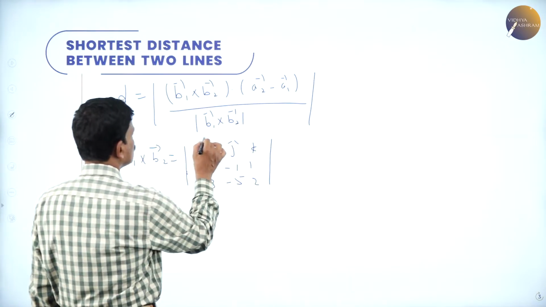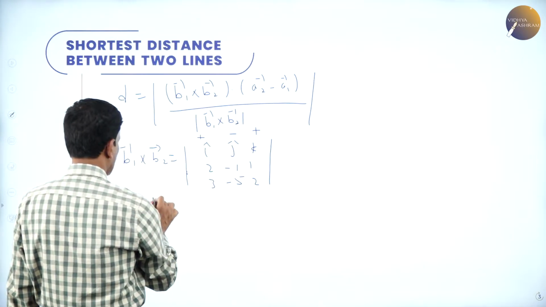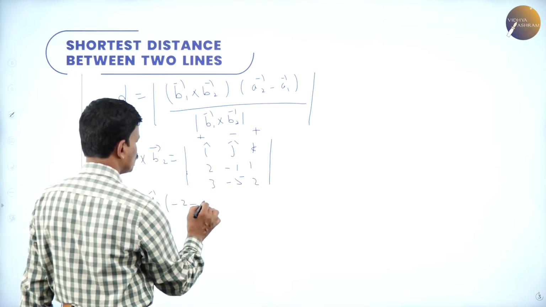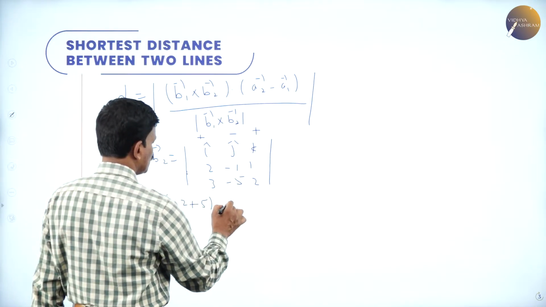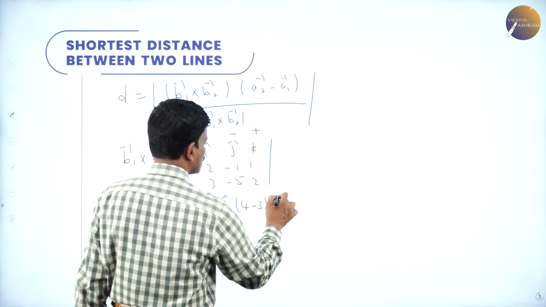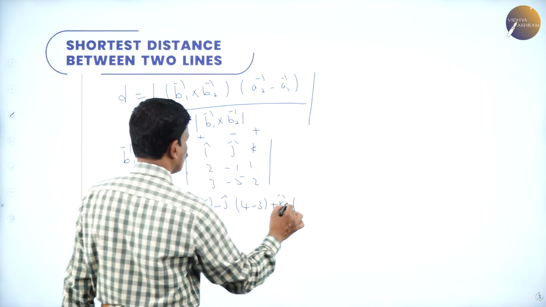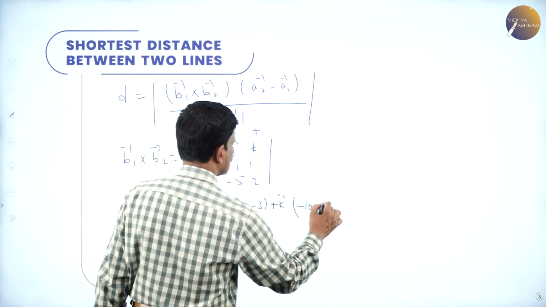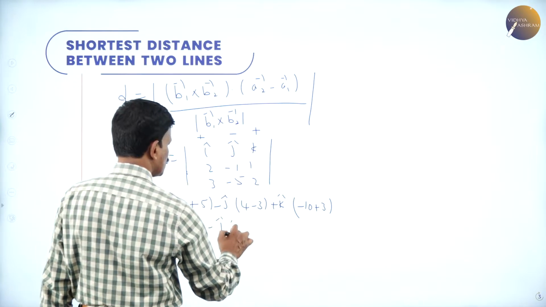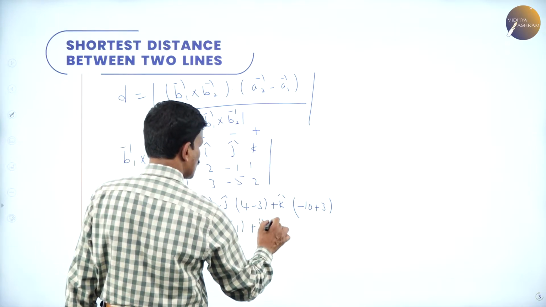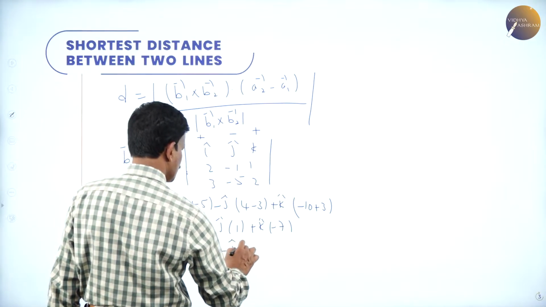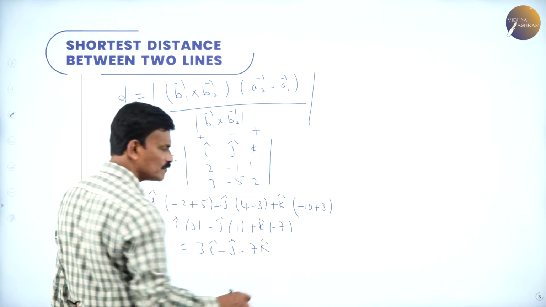Now let us simplify this with signs plus, minus and plus. i into: minus 1 into 2 is minus 2, minus into minus plus 5, so 3. j into: 2 into 2 is 4, minus 3, so 1. k into: 2 into minus 5 is minus 10, minus into minus plus 3, so minus 7. So this is 3i minus j minus 7k.